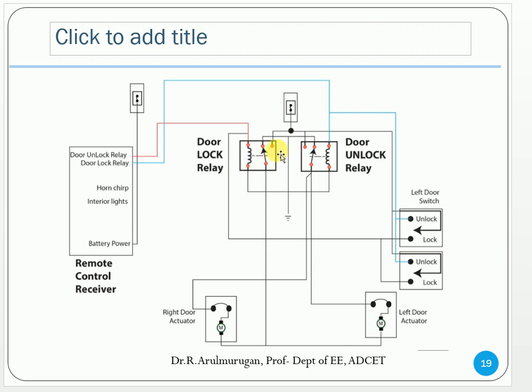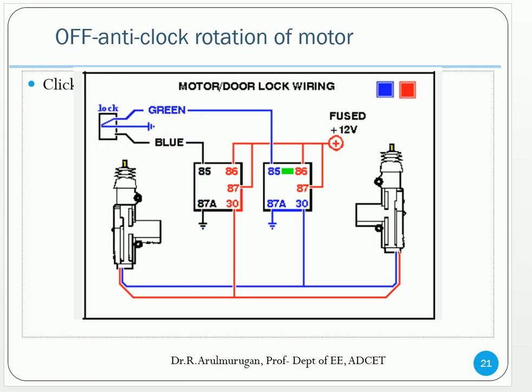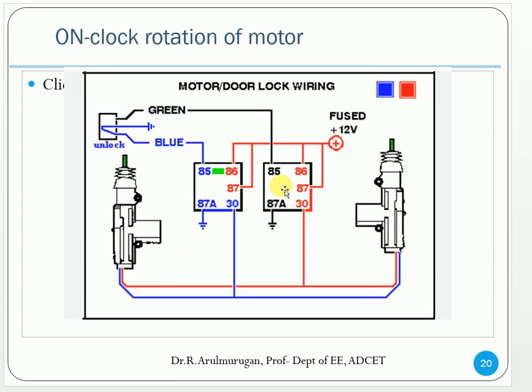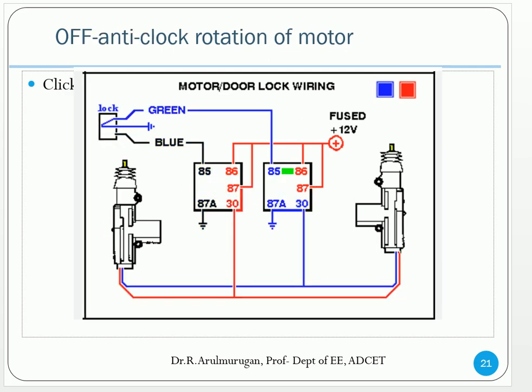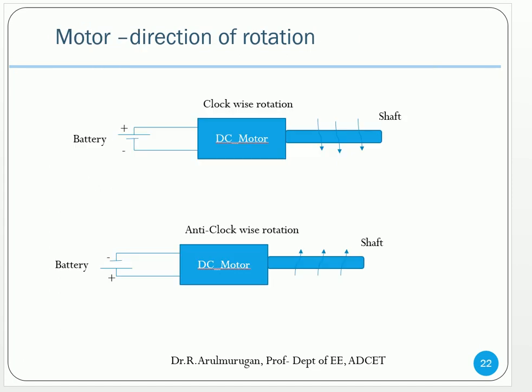It will change. The power supply is the same, no changes in the coil. The relay coil is energized. Only the connections change, I mean the plus and minus. You only change plus and minus. That's all. Thank you.